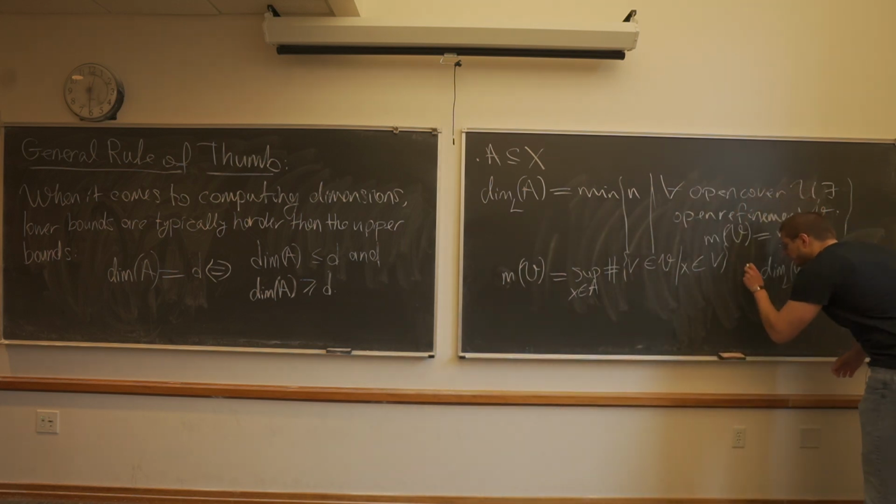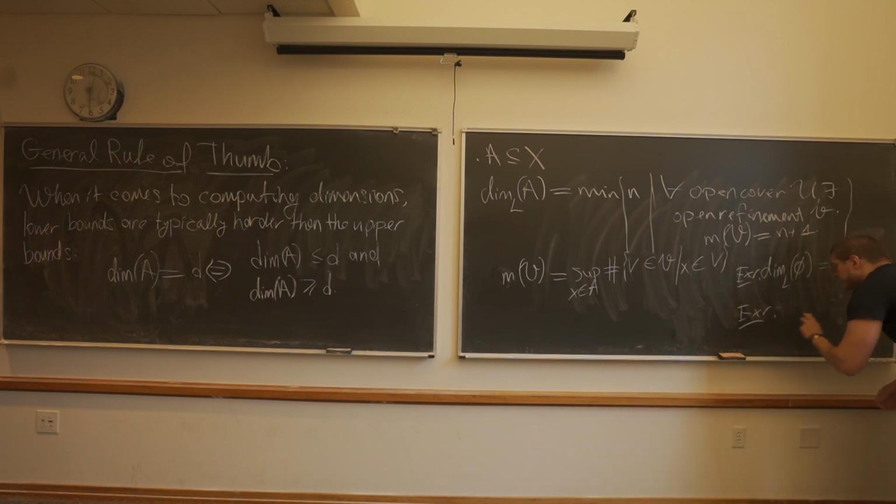So, exercise: let's say x1 to xn is a finite set. That's 0.